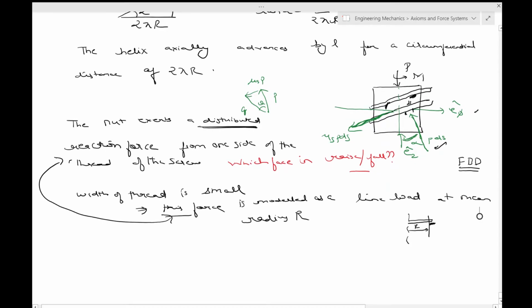Now this reaction force extends, so I'll use the path coordinate from 0 to S1.